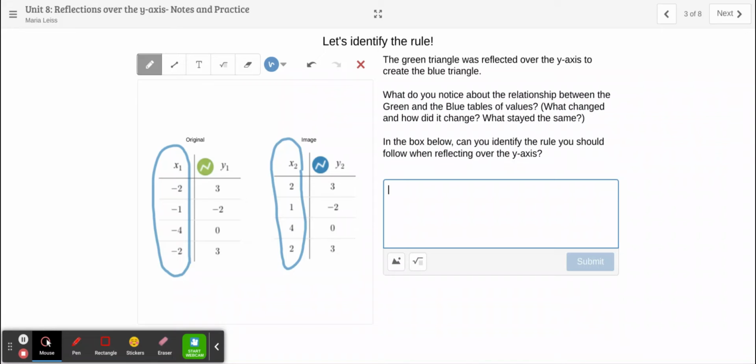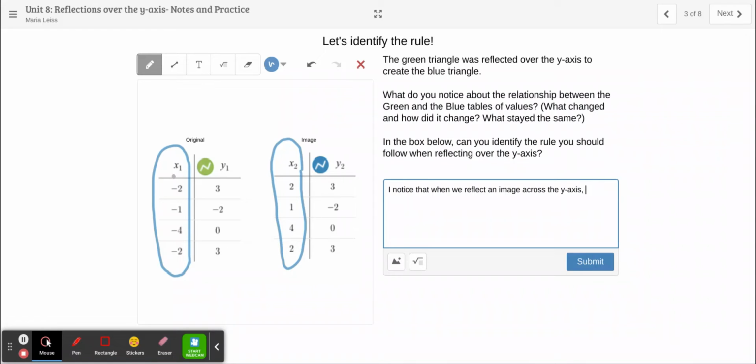So the rule we settled on in class is, I notice that when we reflect an image across the y-axis, the first numbers, or the x values, went from negative to positive.